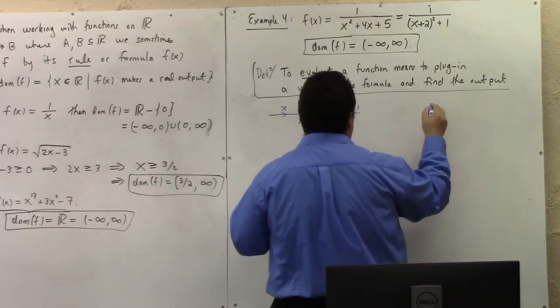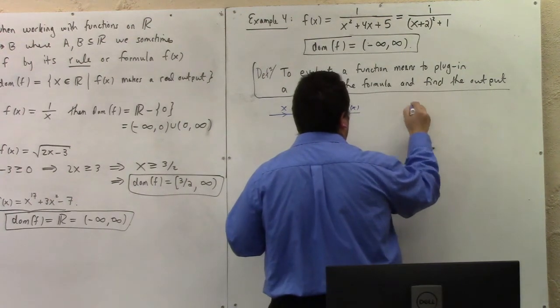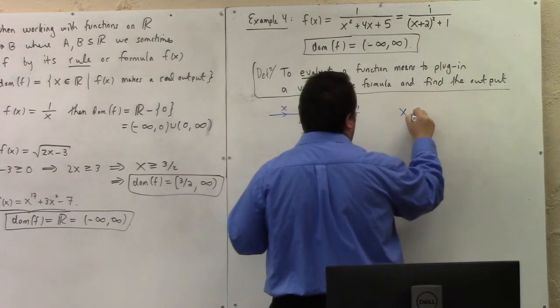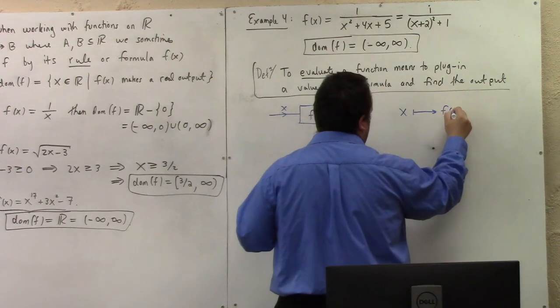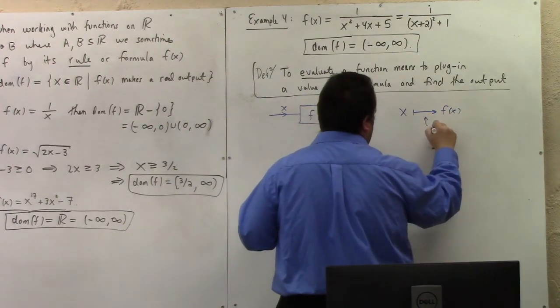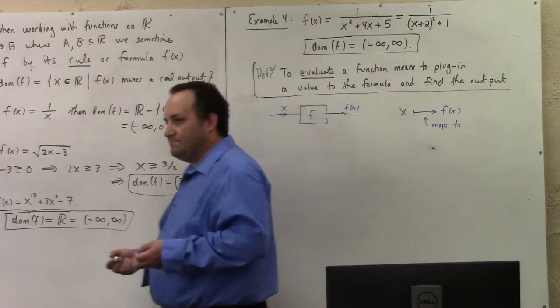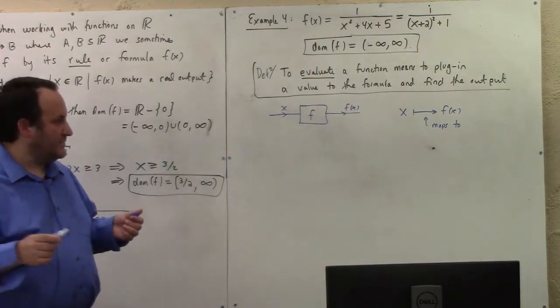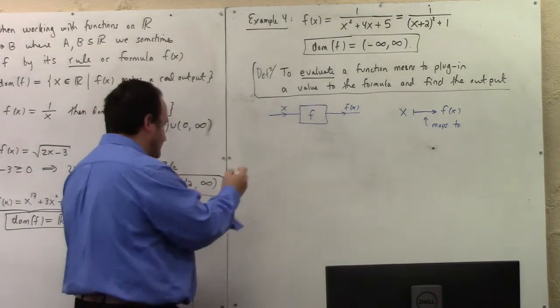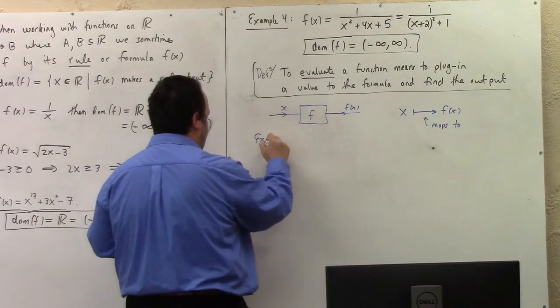Now, the other picture, or the symbol that we write, is x maps to f of x. This is read as "maps to." You could write it like that. Right, so let me give you some examples of evaluation.